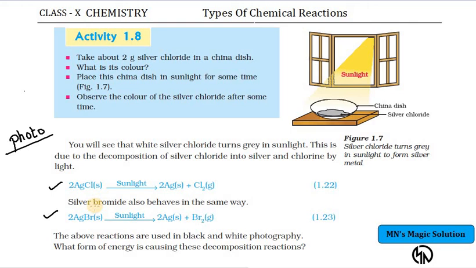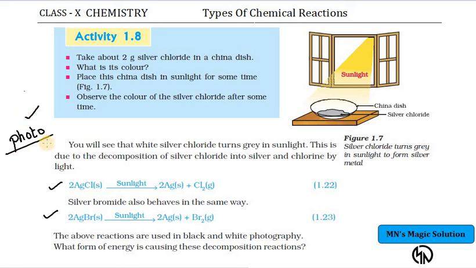Actually, this was used in black and white photography in earlier times. Intensities of grayness happen on that photo frame. The example is AgBr. When kept in sunlight, it gives silver and bromine separately. So AgBr is decomposed into silver and bromine. This reaction happens in the presence of sunlight, and hence you call it photo decomposition.